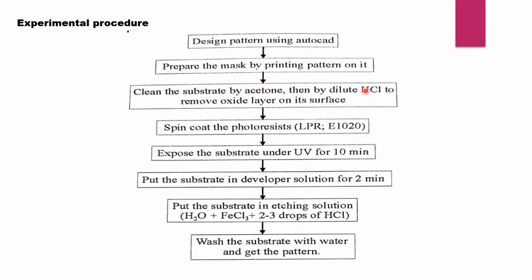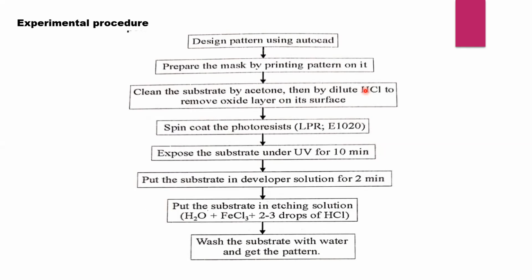Now our substrate is pure. It is free of all the impurities. It is free of the oxide layer, all that nonsense, which would become the obstacle, the hurdle, for the proper development of the mask onto the surface of the substrate.